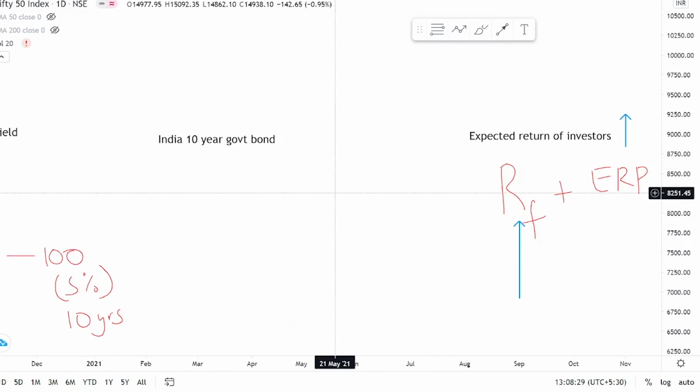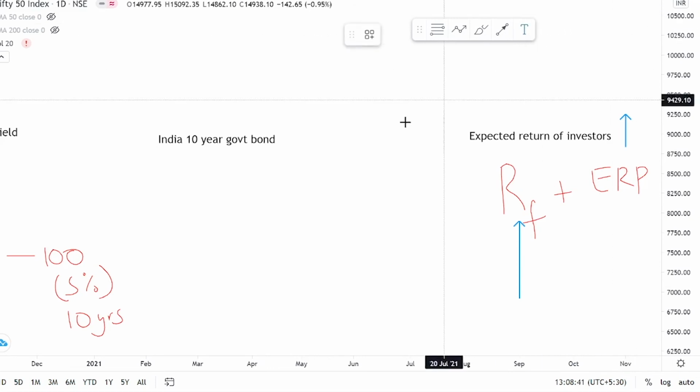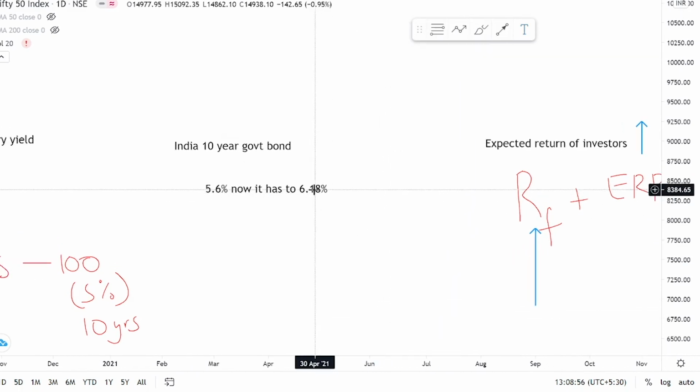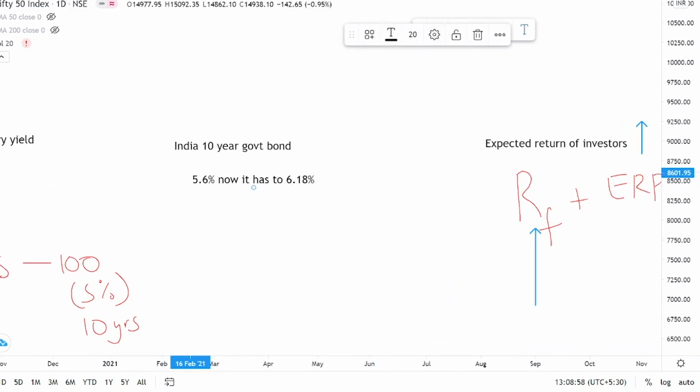Now, coming to India, the 10-year government bond yield was down to 5.6% back in March, but now it has increased to 6.18%. So even here, the interest rate has been increasing, which is a negative for the stock market.